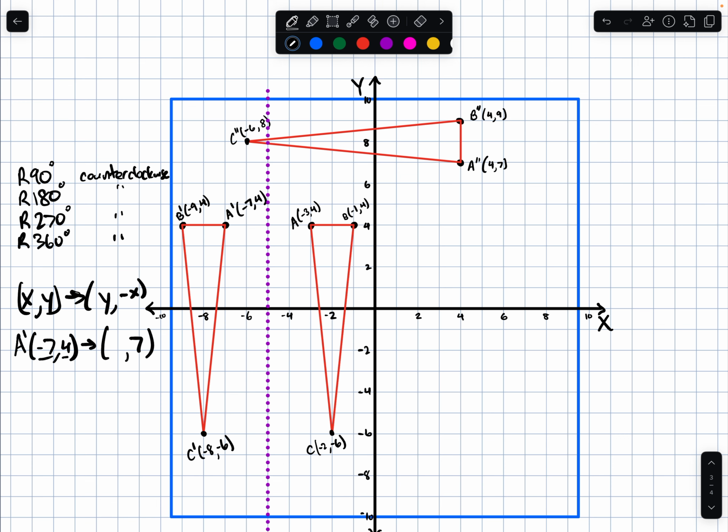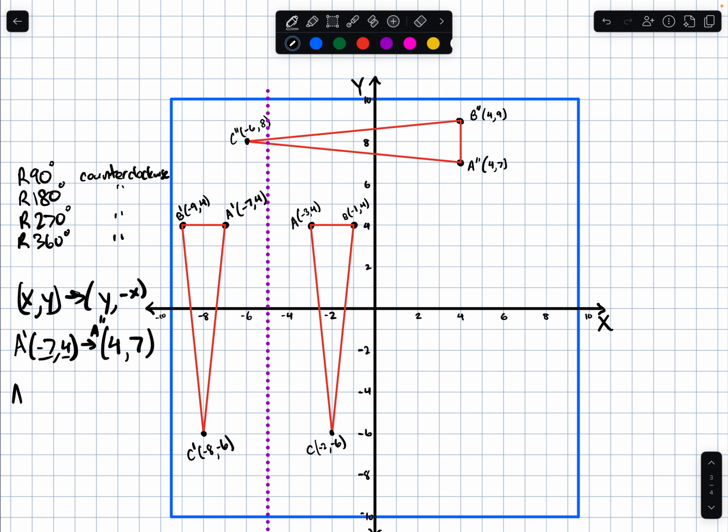And then y is 4, so we're going to put 4 right there, and that's how we get the coordinates for A double prime. This should be A double prime. Do the same thing for B prime and C prime. You'll get these points if you do it correctly.